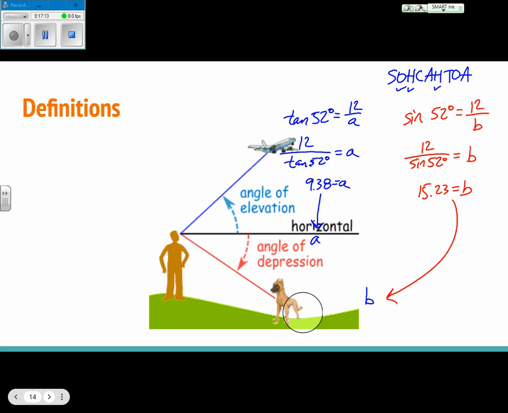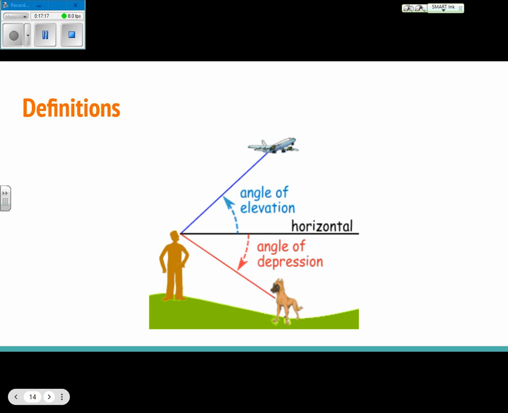All right, so these sprinkle into word problems that I'm going to be assigning. And so two definitions that you need to know are angle of elevation and angle of depression. The big thing that people miss a lot is that it's always made with the horizontal.